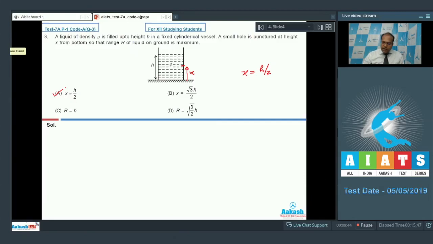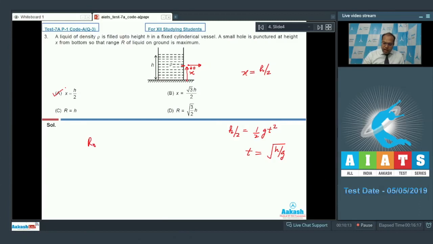Now at this point, when the liquid gets ejected in this direction, the velocity of the liquid in vertical direction is 0. So the time taken by the liquid to cover the vertical distance h by 2 is given by h by 2 equal to half into g into t square. So from here the value of t comes out to be under root of h by g.